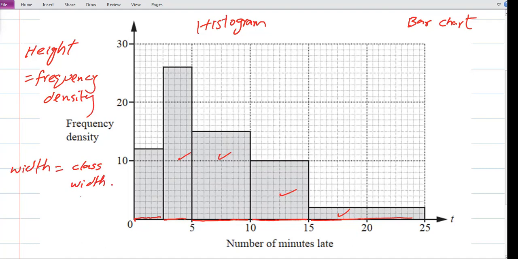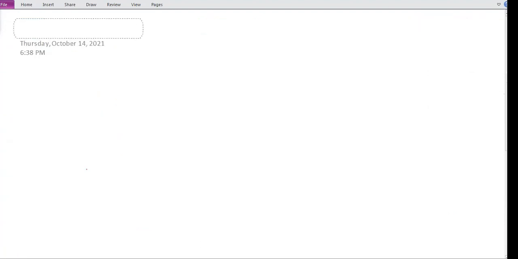Now, how to draw a histogram and how to find the frequency density, all that stuff. Just have a look at this.